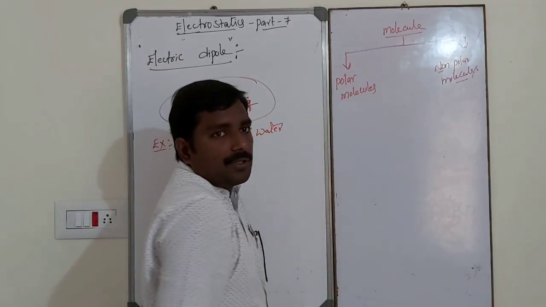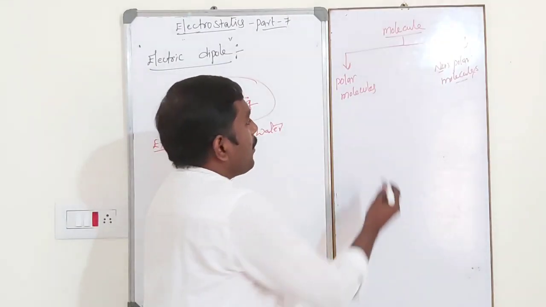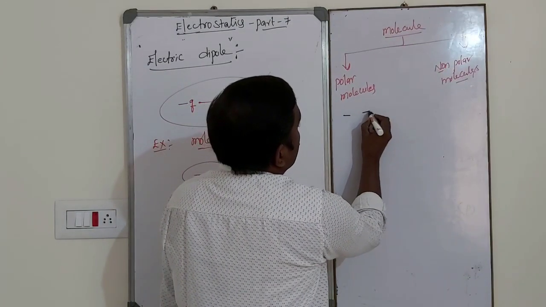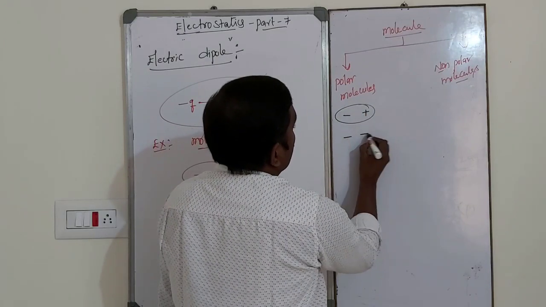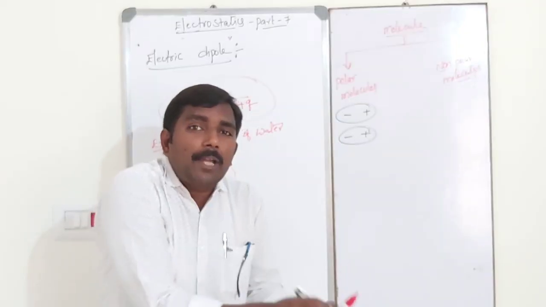In the case of polar molecules, the center of positive charge and center of negative charge get separated like this. It possesses permanent dipole moment.